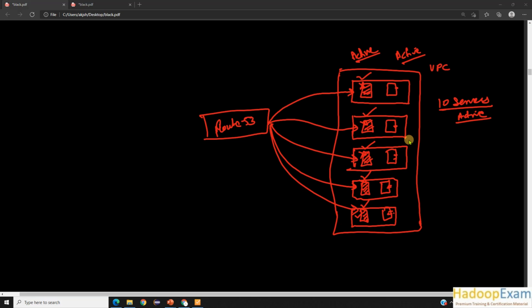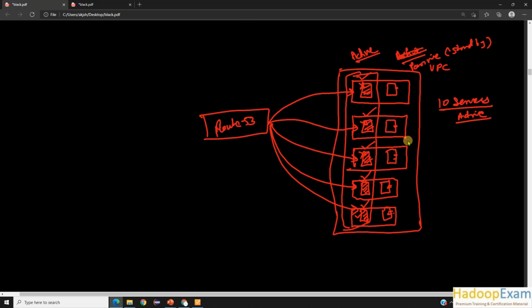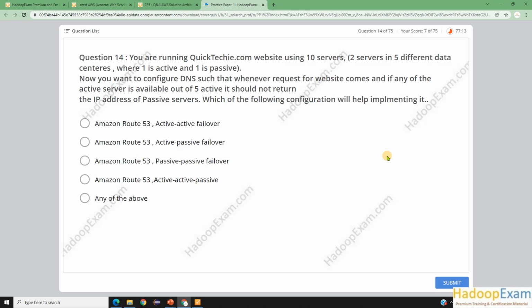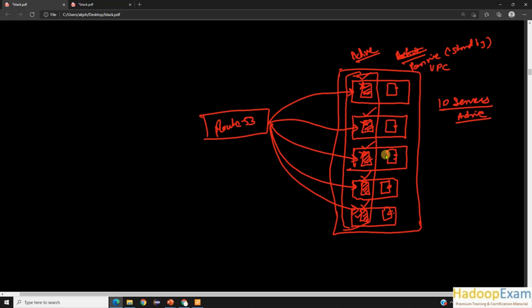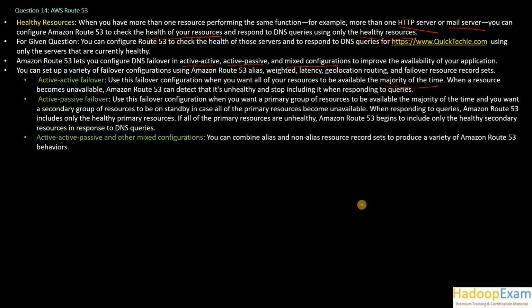Here, these are your primary resources because you marked them as active. The five passive servers are in standby mode, and the rest are in active mode. Whenever a request comes, if any one of the five actives is available, it should be responded from that server only.